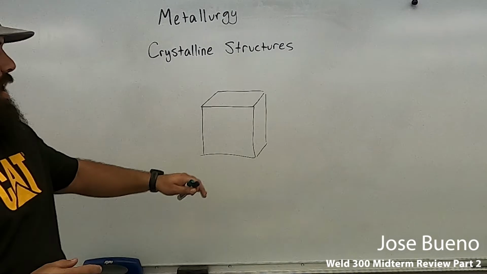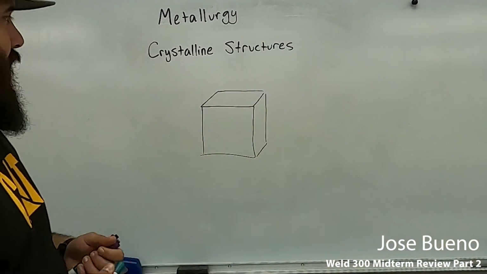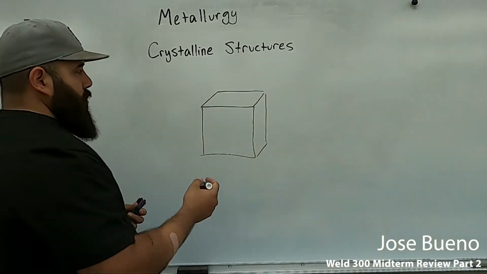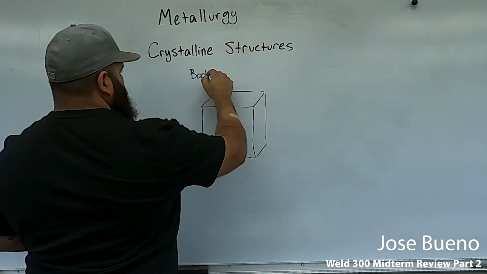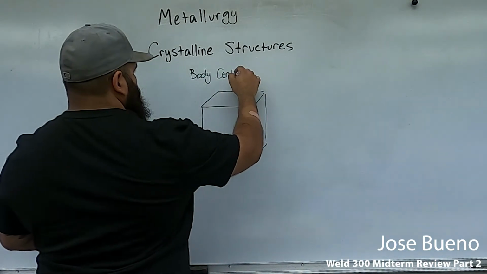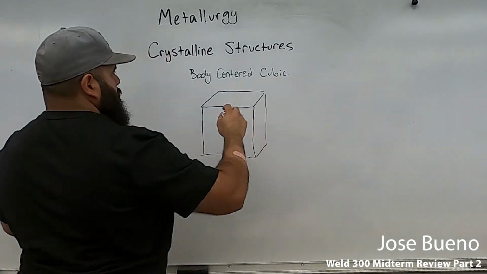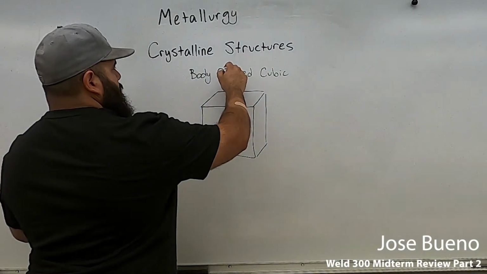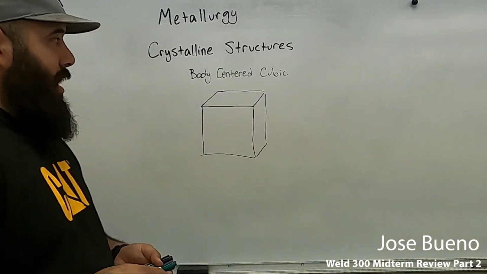Okay, so we have our basic cube. What we're going to be covering is called body-centered cubic. This is the formation of those grain structures when steel is at room temperature.